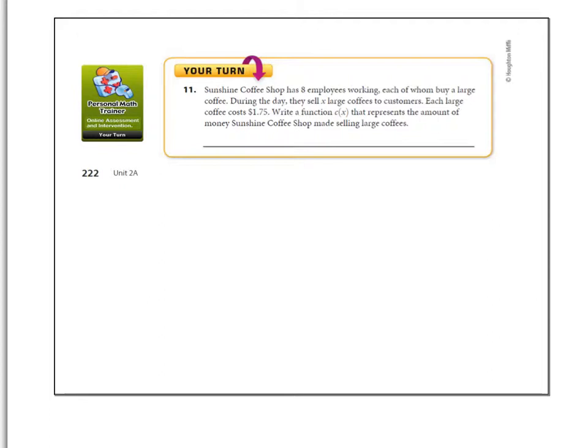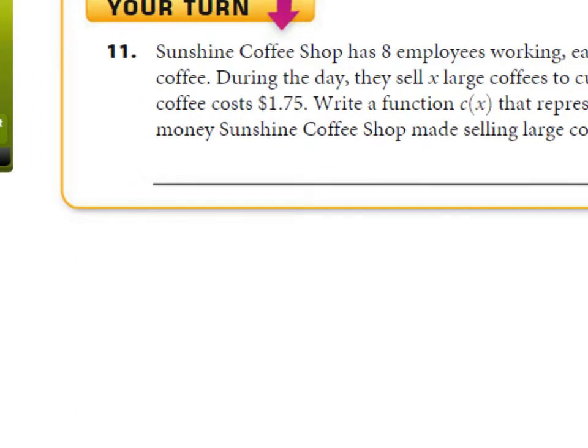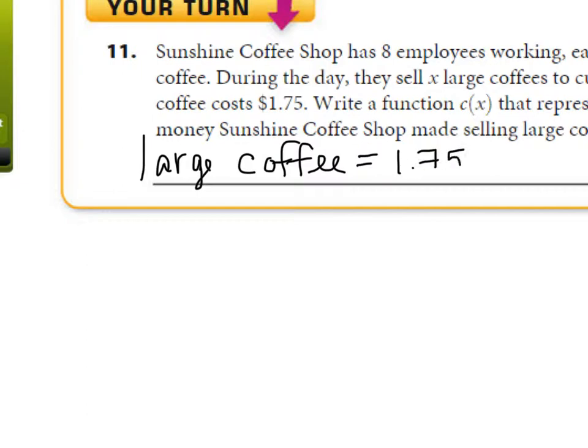So in your groups, see if you can figure out how to start the equation, and then we'll finish it together if need be. We know that our large coffee is equal to $1.75 for every one they sell.